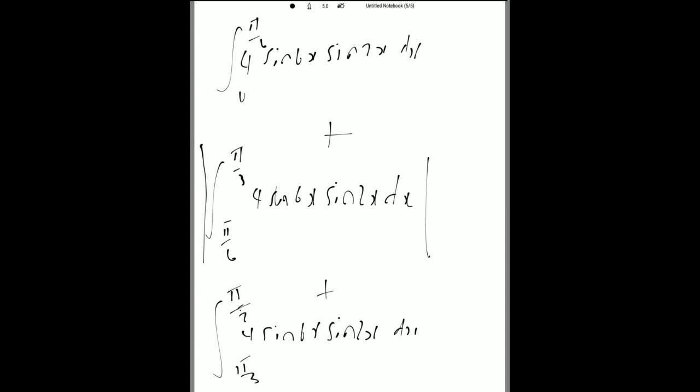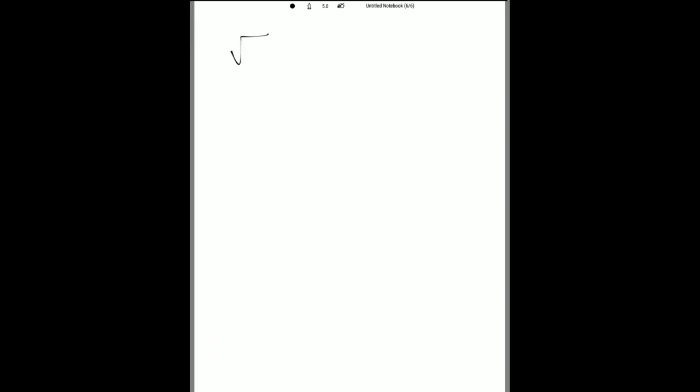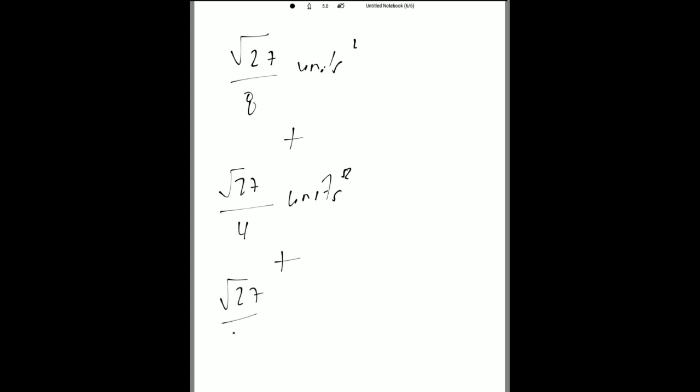And our job is done, because having integrated, we know that our first part of the sum will be root 27 over 8 units squared, plus root 27 over 4 units squared, plus root 27 over 8 units squared.